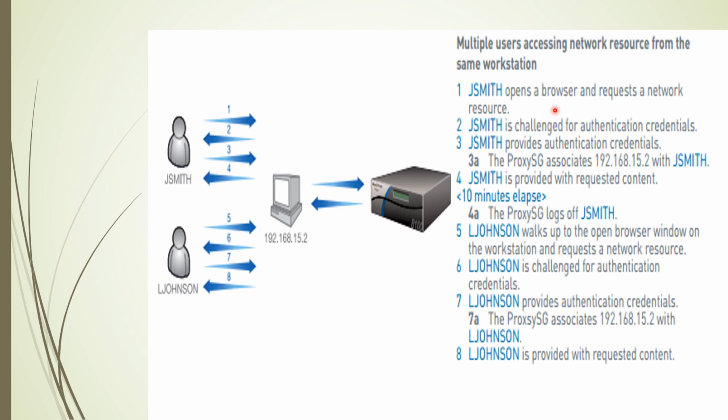Initially, JSmith opens a browser and requests a network resource. Then JSmith is challenged for authentication credentials. After that, JSmith provides the authentication credentials, and the Proxy SG associates 192.168.15.2 with JSmith, and JSmith is provided with the requested content.